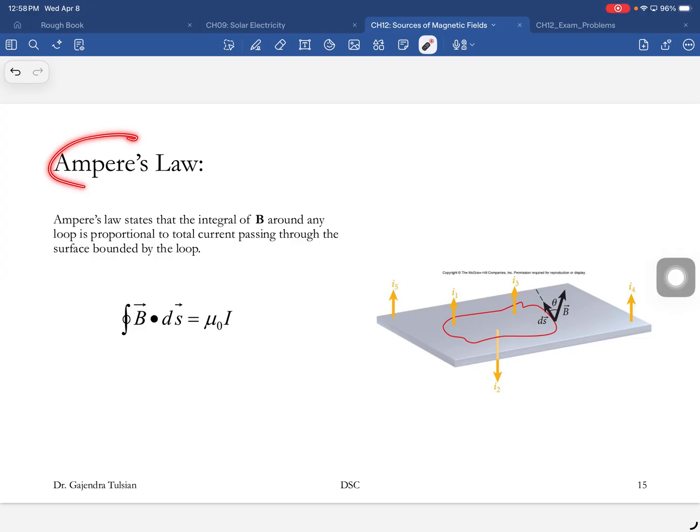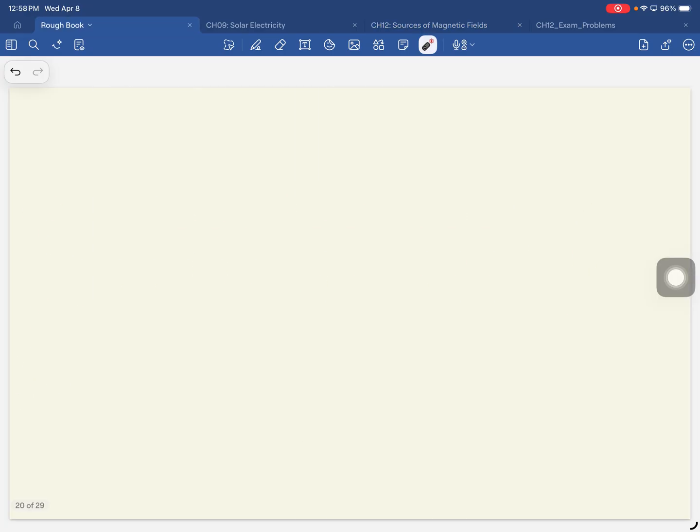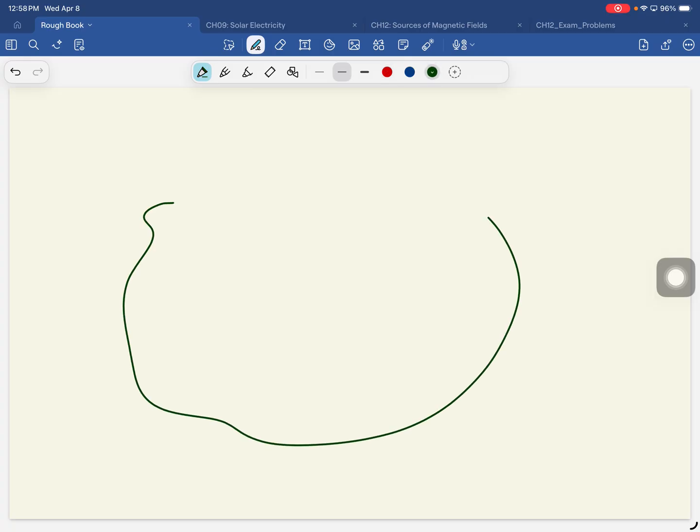Okay, so the next thing we'll talk about is Ampere's law. Now this is similar to, let me remind you of Gauss's law. You might remember Gauss's law when we had electric fields.